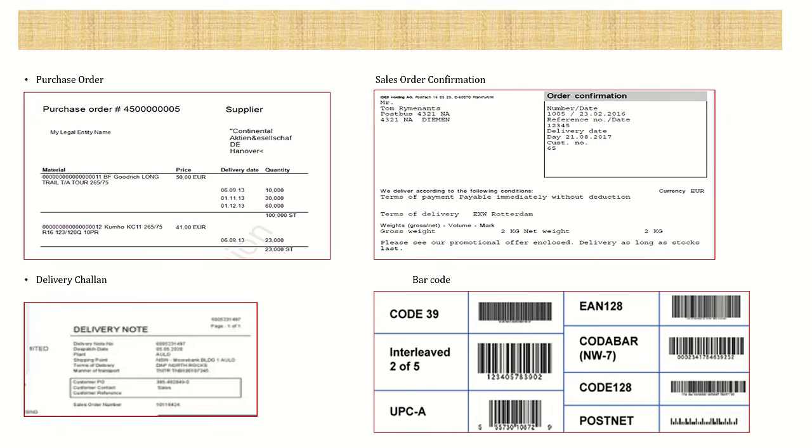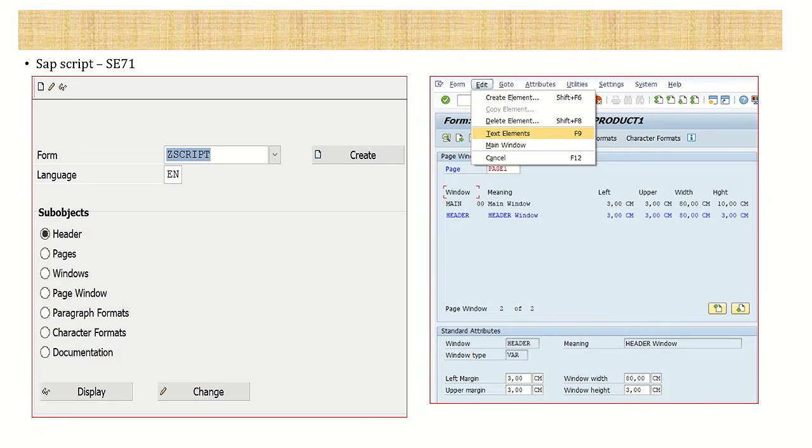So we require some tool in the system through which we can design such documents. In the initial release of SAP, SAP first provided one tool, called SAP Script, and the transaction code was SE71. Still we can use this, but it is a very old concept of form designing.